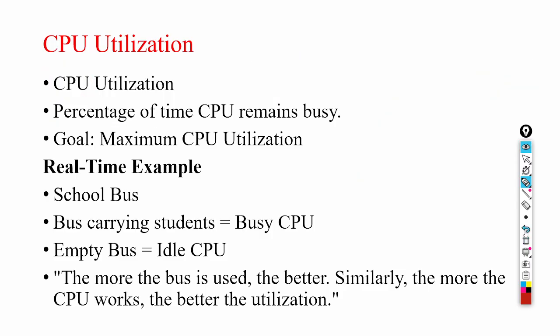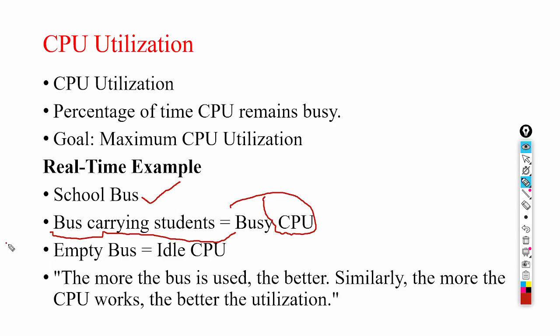I will give one real-time example. Imagine a school bus. If the bus carries students throughout the day, the bus is being used effectively. Same like here, if the CPU is busy. If the bus remains parked all day, resources are wasted.